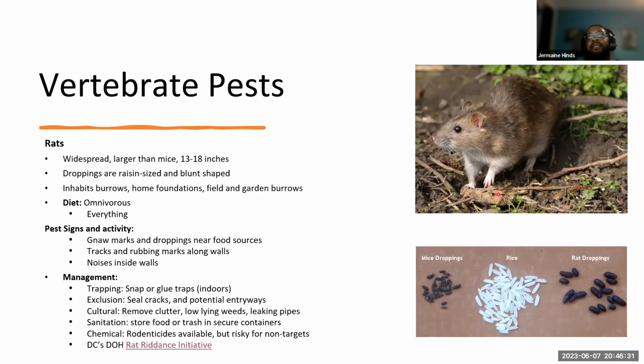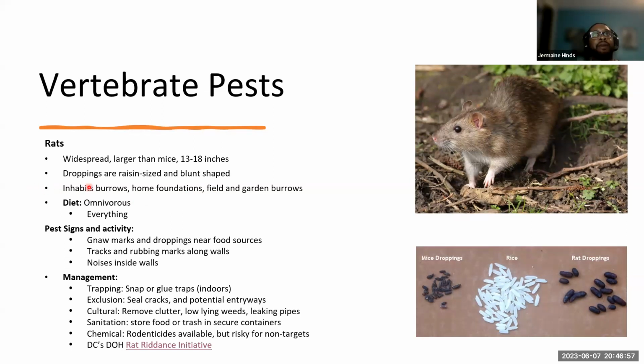Since you're not likely to see a rat or mouse because they tend to hide from humans. Mice droppings tend to be smaller than a grain of rice and pointy at the end, whereas rat droppings are much bigger and blunted. So this can give you a lot of information about what you have by just looking at what's left behind.